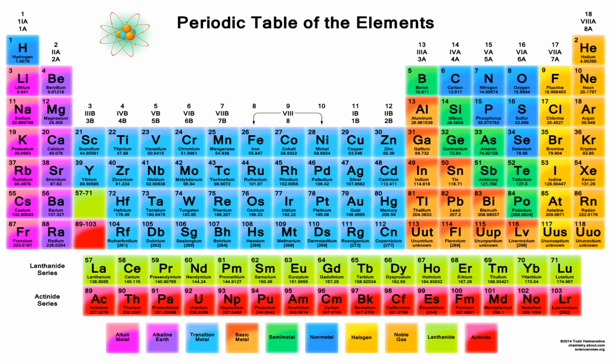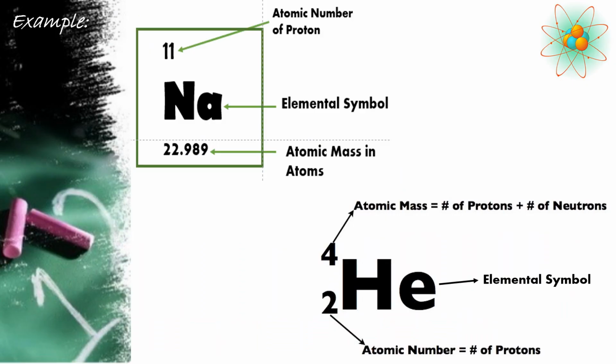This is how you check the atomic number of an element. Now, try to look at this example, so you can be guided on which one is the atomic number and which one is the atomic mass.